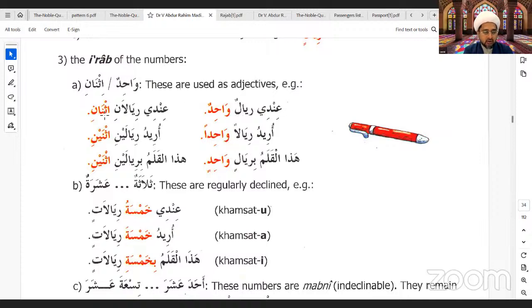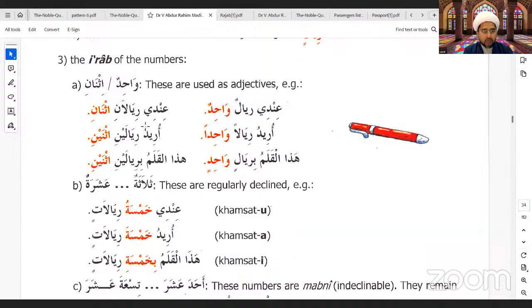Indi realani ithnani. So realun wahidun is mubtada muakhar, and indi is khabar. Whenever indi normally comes as khabar, realun wahidun is mubtada muakhar, because realun is not with alif lam. Normally the mubtada has to be alif lam, and if the mubtada is without alif lam, then the khabar comes first. So indi is khabar, and realun wahidun is mubtada muakhar.